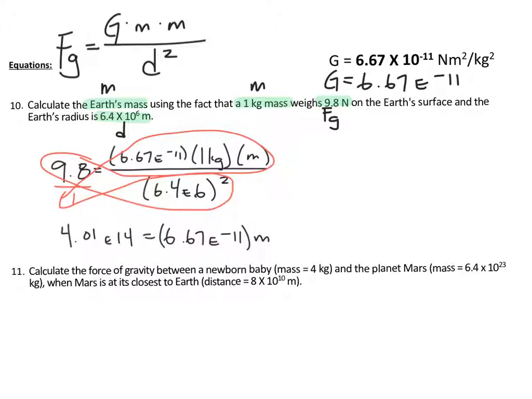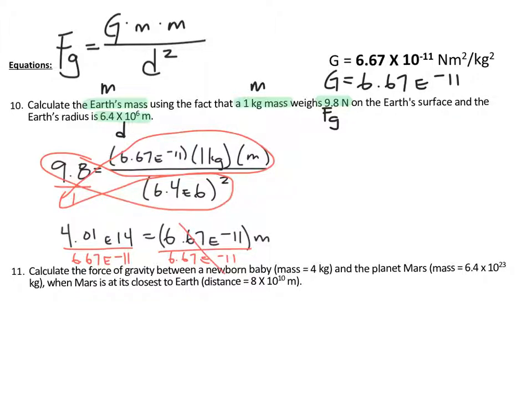So m, you can see, is being multiplied by 6.67 e negative 11. So the opposite of multiply is to divide, and I need to divide that on both sides. So 6.67 e negative 11 here, and 6.67 e negative 11 here. So these will cancel out.